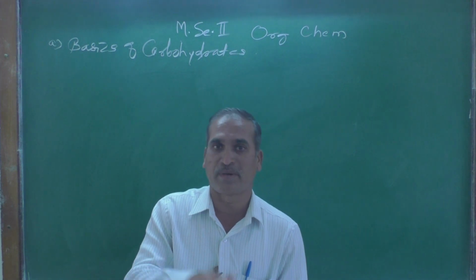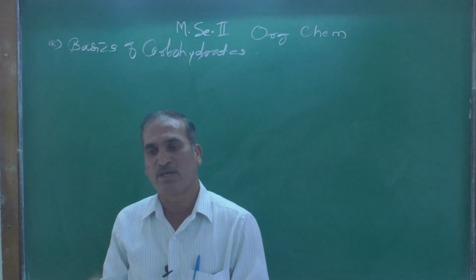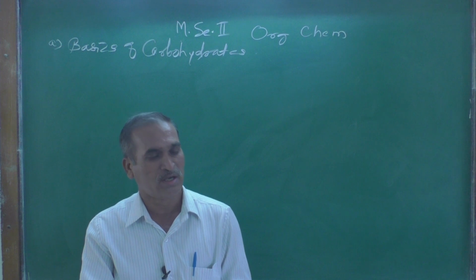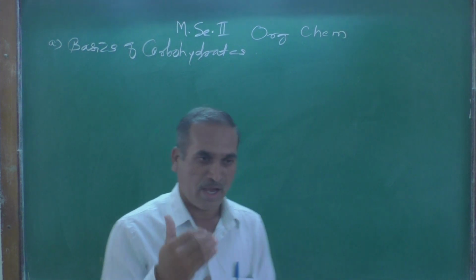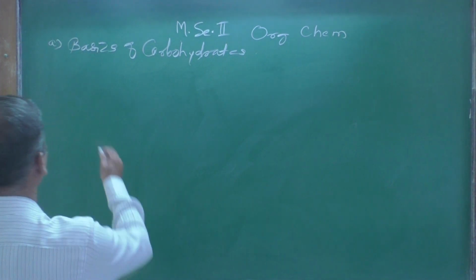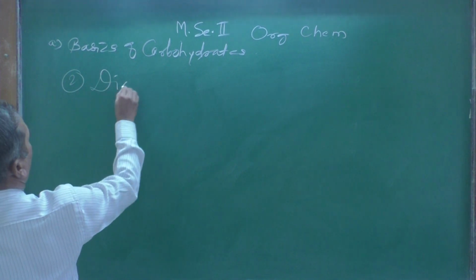Their physical and chemical properties are the same. They differ in their optical rotation. And the second term we are going to learn here is diastereomers.